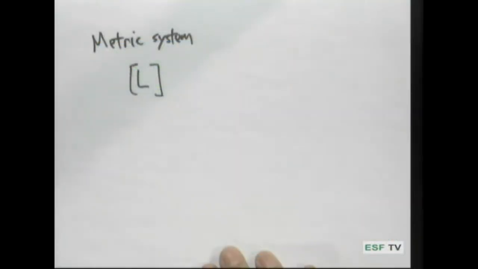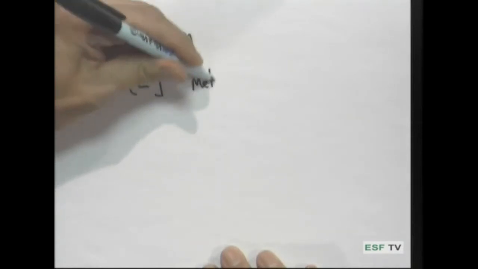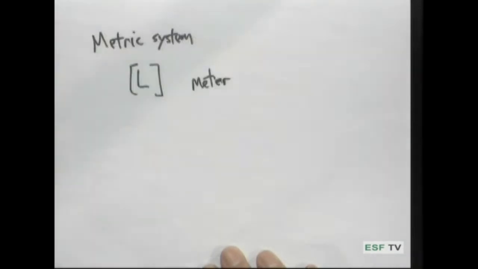And the metric system takes these fundamental quantities of nature, in particular the 3 mechanical dimensions of length, mass, and time, and quantifies them in units that are multiples of 10 of one another. So, for example, if you take the simple dimension of length, the standard measure of length in the metric system is the meter.